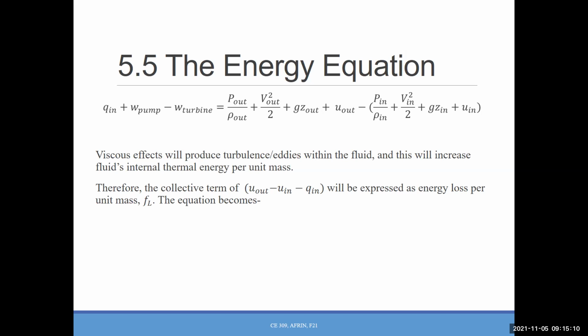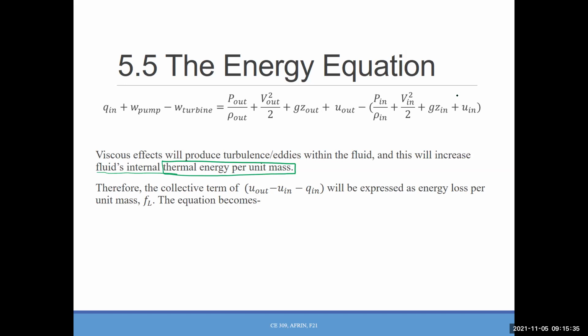Obviously whenever there is chaos, there will be heat, right? That will increase the fluid's internal thermal energy per unit mass, due to that friction.